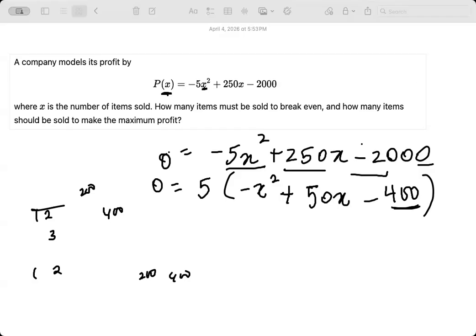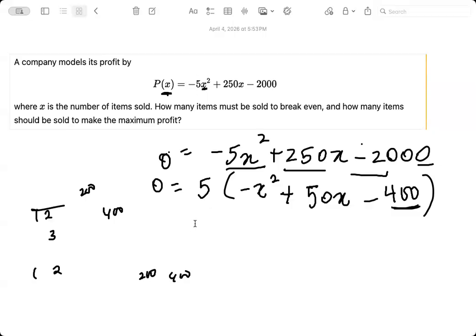Go ahead. Is it 40 and 10? 40 times 10. Yeah, 40 times 10 works.